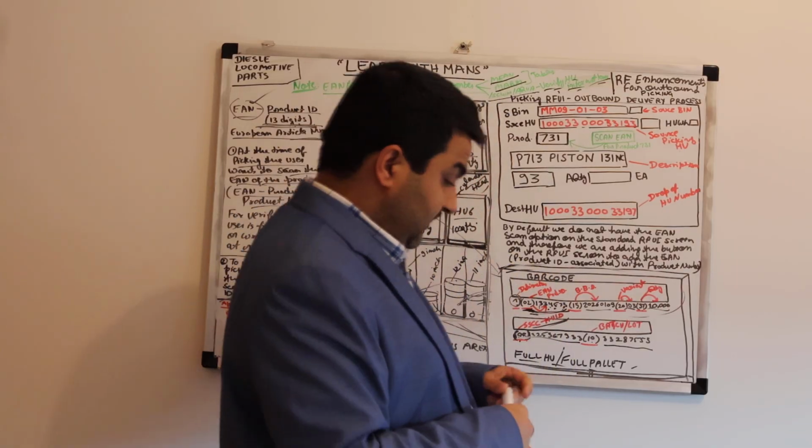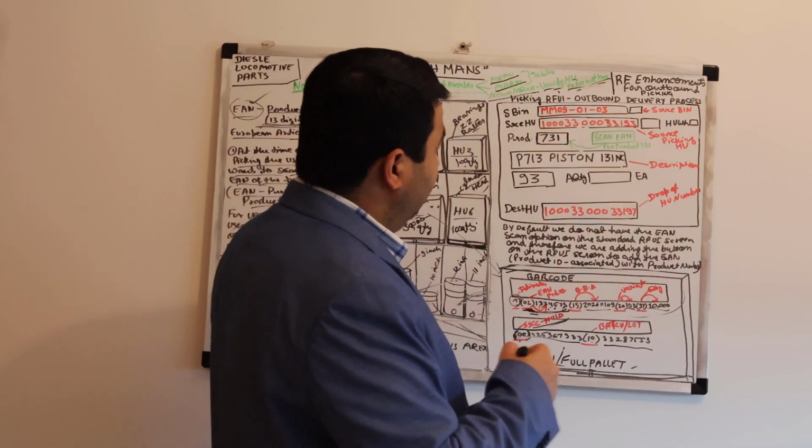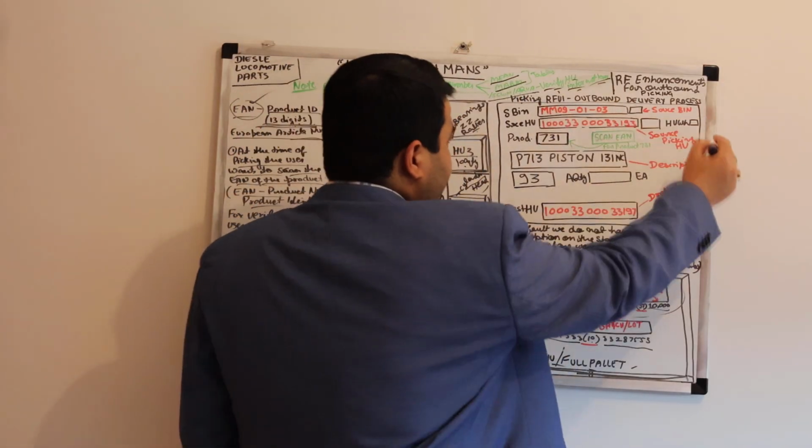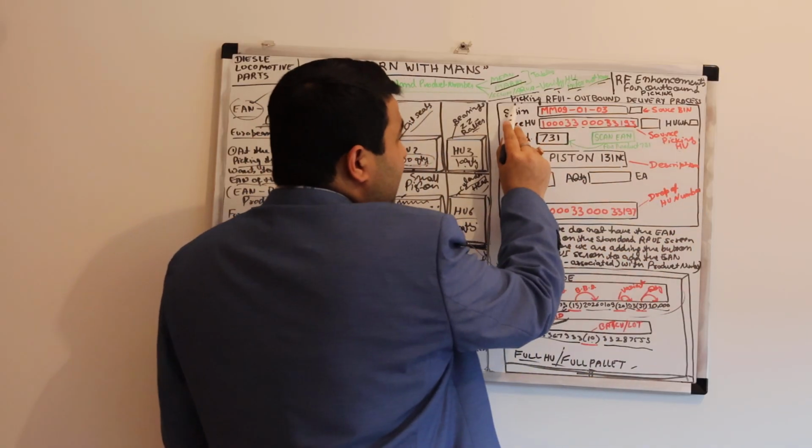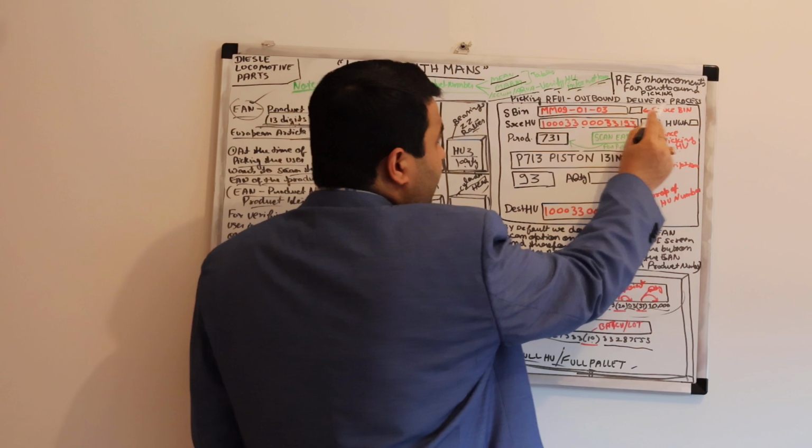Now come to the RFUI screen. At runtime, warehouse workers will see this screen on the RFUI device. This is the picking RFUI outbound delivery process.